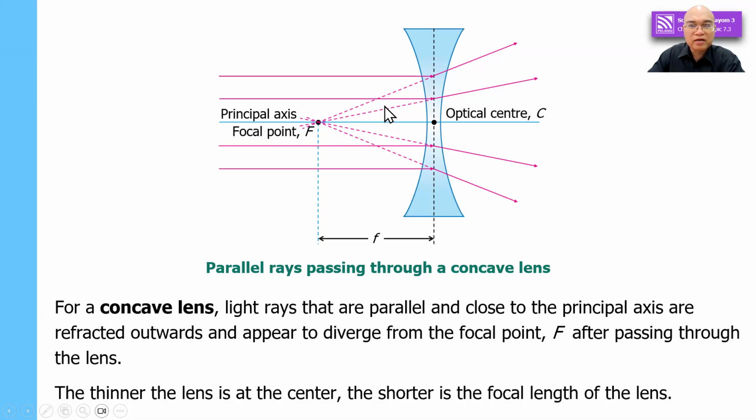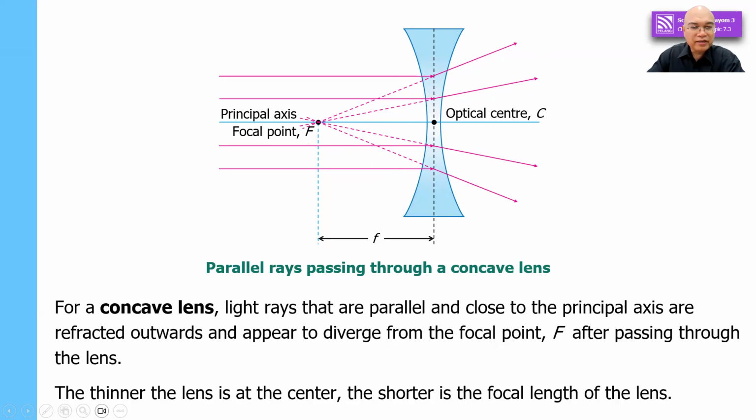Okay, they're refracted outwards here and appear to diverge from the focal point. You see that diverging? After passing through the lens.